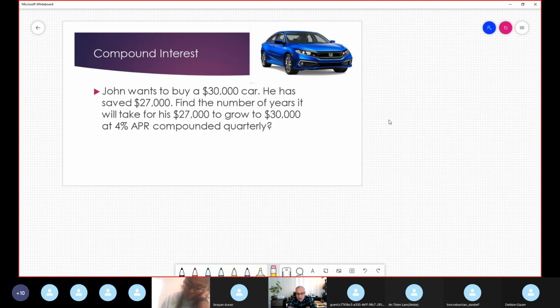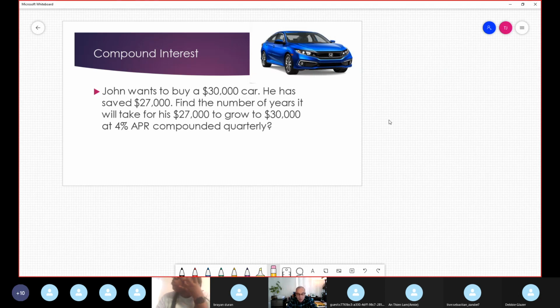So the challenge is to determine how many years he needs to wait to complete the money. Maybe 5 years, 10 years, 2 years, 3 years, 4 years. Do you understand the idea? Yes or no? Answer me, please. Yes. Okay.